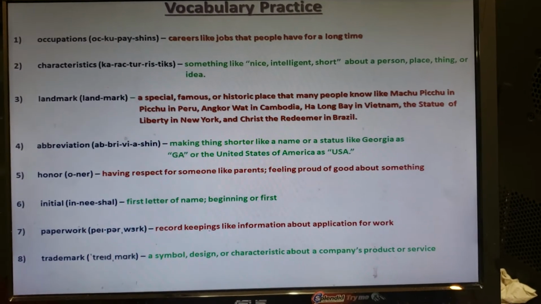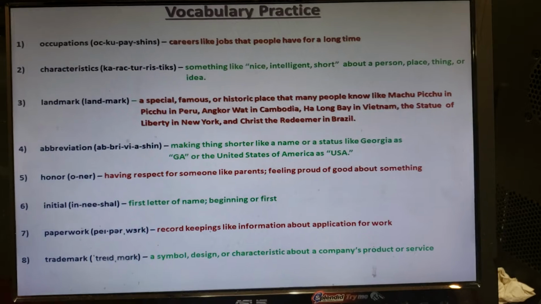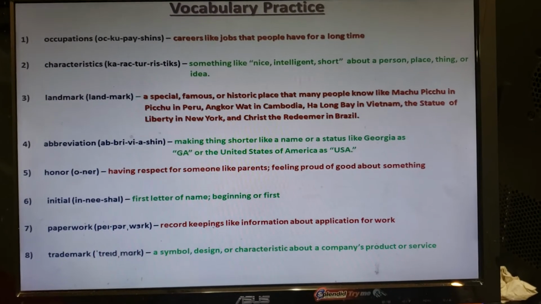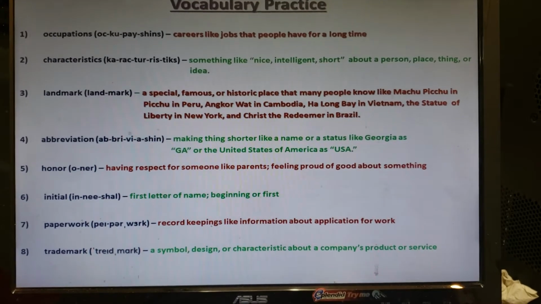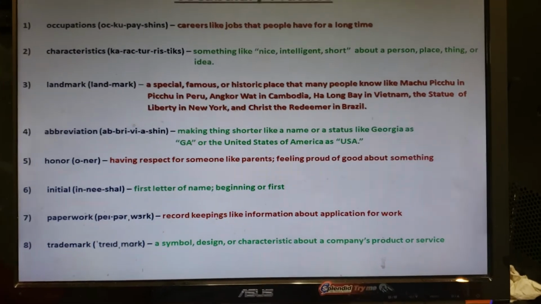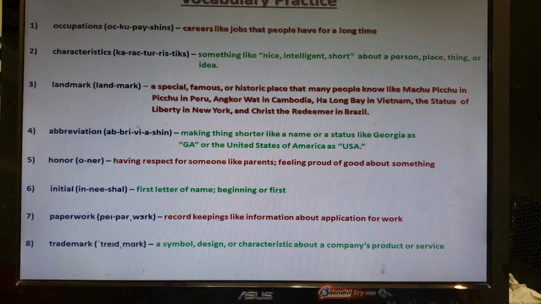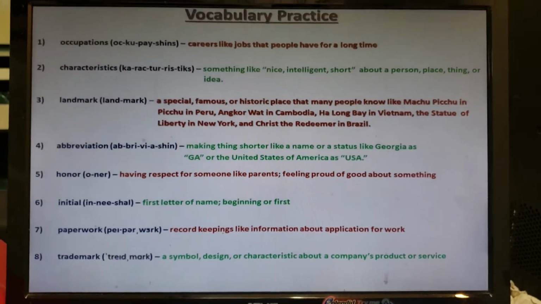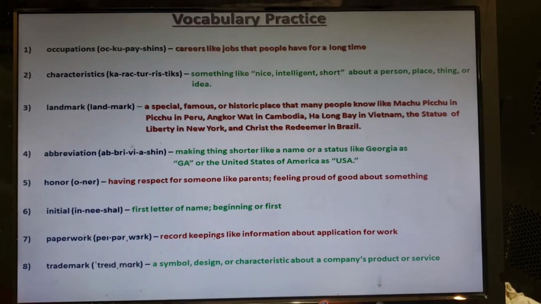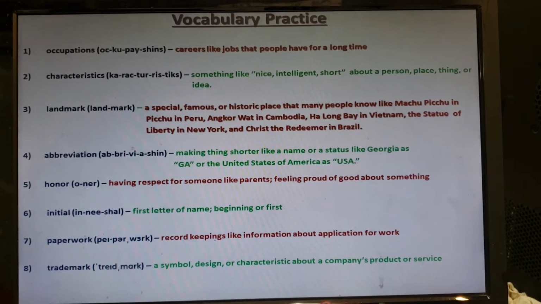Initial. Let's say your name is Michael Douglas. You can shorten your name with M.D. D stands for Douglas, M stands for Michael. So Michael Douglas becomes the initials of his name, MD.